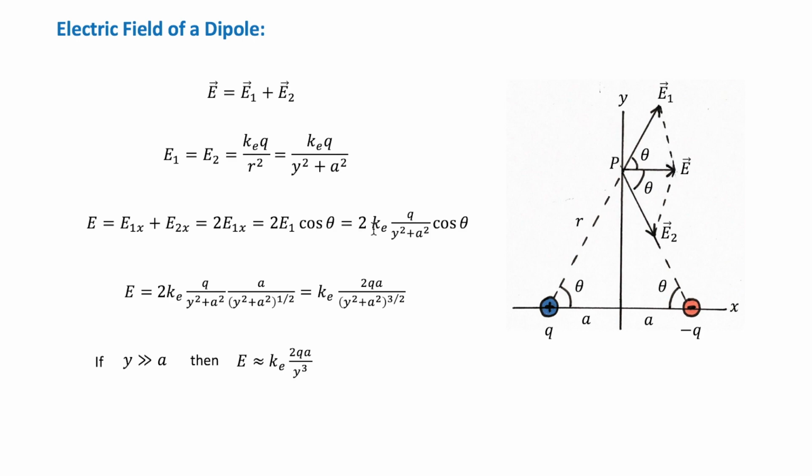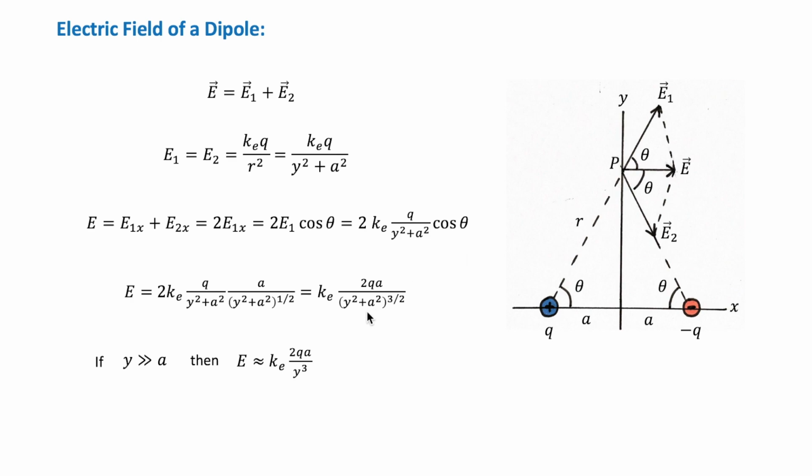So 2 k_e q over y squared plus a squared times cosine theta, which is a over r, so a over y squared plus a squared to the power half. And this gives E, the total electric field at point P, the magnitude of it is k_e 2qa over y squared plus a squared to the power 3 over 2. And its direction is in the x direction, okay?